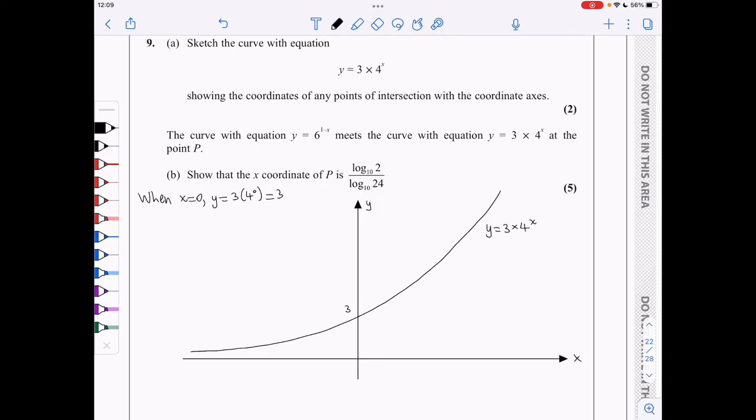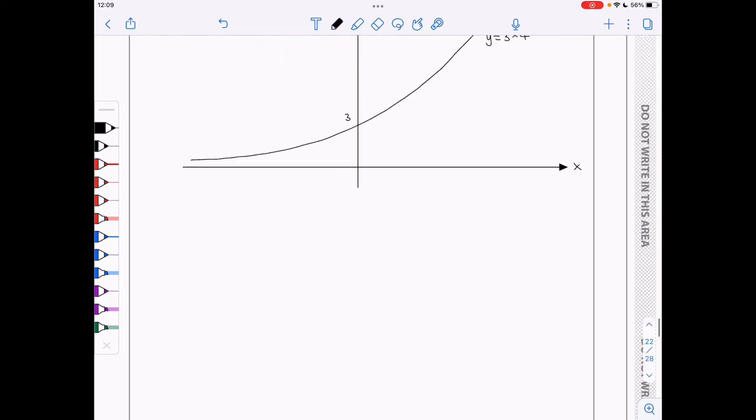Now in part B, we've got the curve with equation y is 6 to the 1 minus x intersecting the curve with equation 3 times 4 to the x, and we need to show that the x coordinate of the point of intersection is given by this here. So we will start by equating the two. So 6 to the 1 minus x is equal to 3 times 4 to the x.